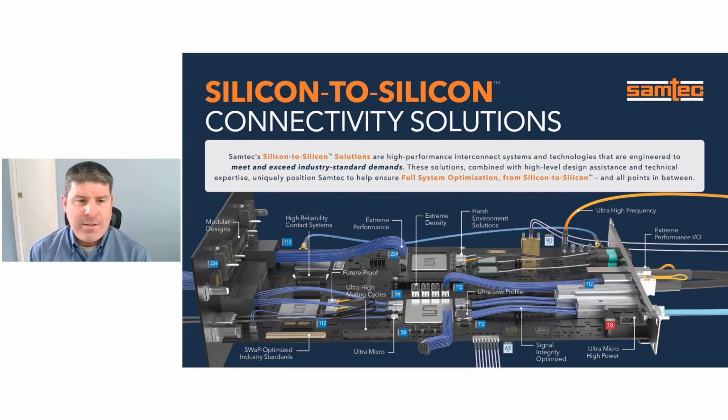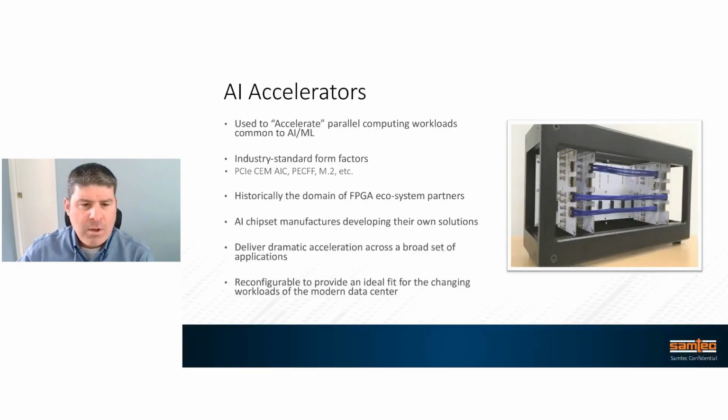But the point is that Samtec offers what we call silicon to silicon connectivity solutions that are ideally suited to route data optically, copper, or RF from point A to point B that meet or exceed industry standard demands. And then we back that up with design and support with our field applications engineers, our AEs, and our technical specialists, offering full system optimization so that when an AI system designer has to scale their AI system architecture, they can be confident that the solutions Samtec offers help them to do that.